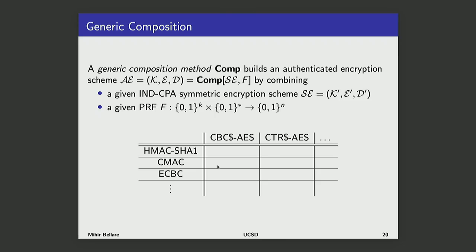And the approach we take is quite natural. We don't try to go back to scratch and build something completely new, but we remember that authenticated encryption has 2 parts, privacy and authenticity. We already know how to achieve the privacy, and we have multiple choices of symmetric encryption schemes that do that.